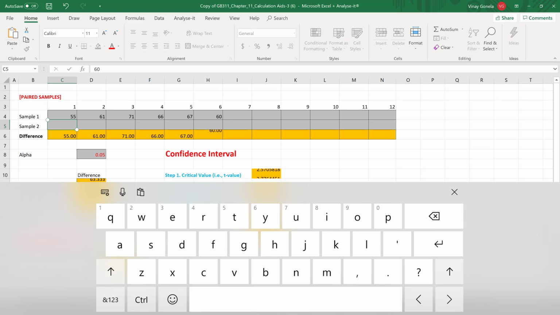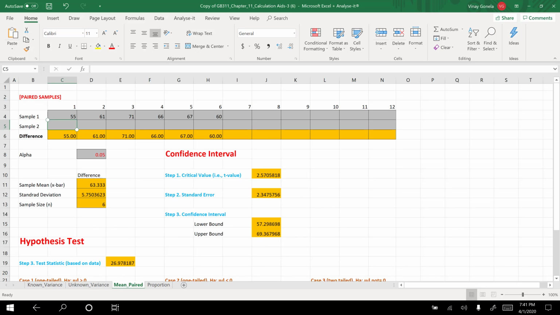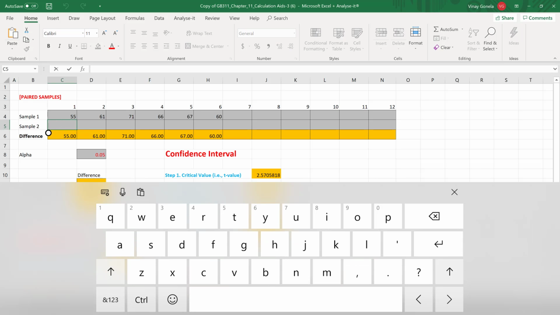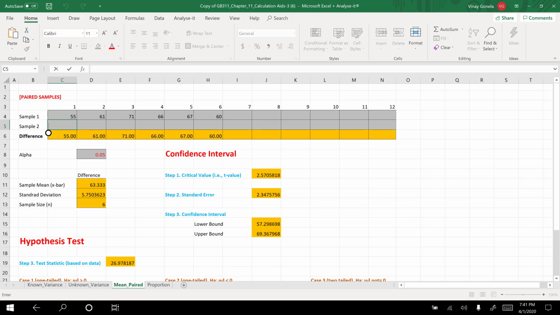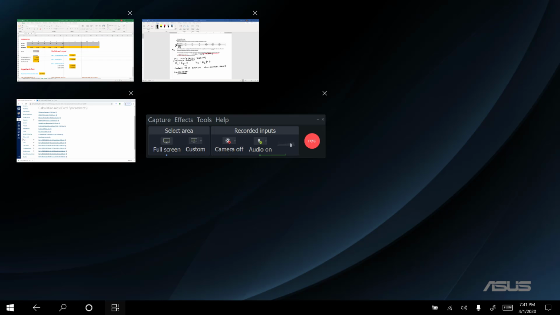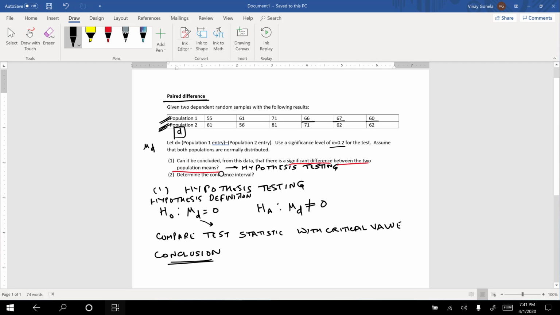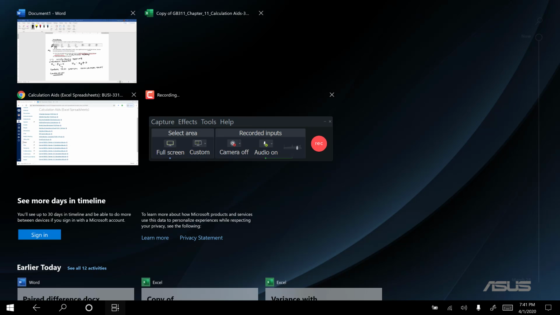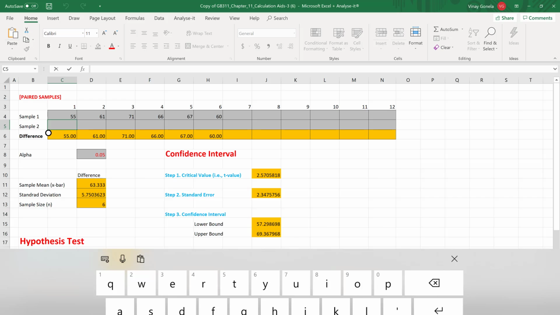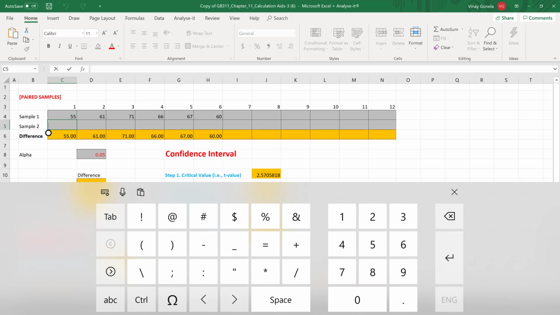So again we can do the same thing with sample 2. We will key in those numbers. So let me see what is our sample 2. Sample 2 is first 61, 56, 81. So this will be 61, 56, and then 81.